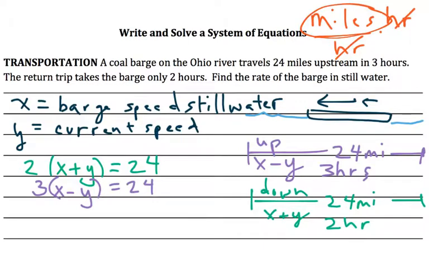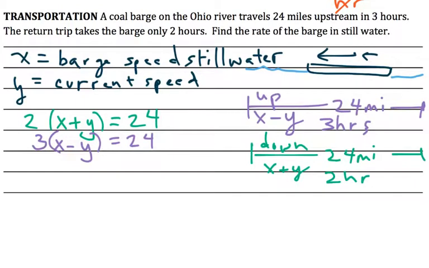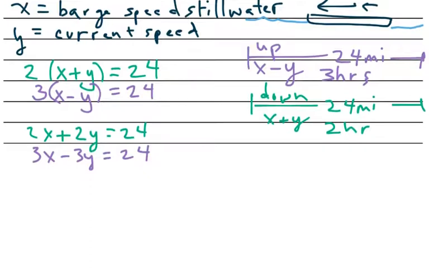I've come up with two equations, and now we have a system of equations that we can solve. I'm going to distribute in the first one, and the second one, and I have two new equations.